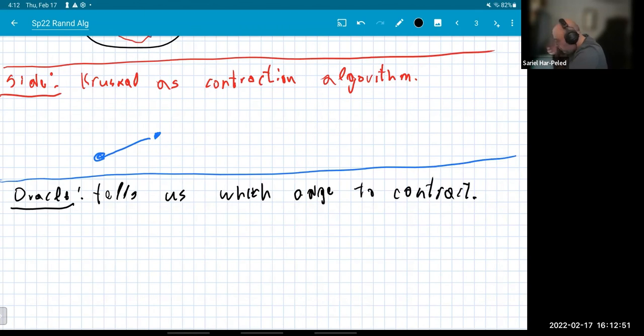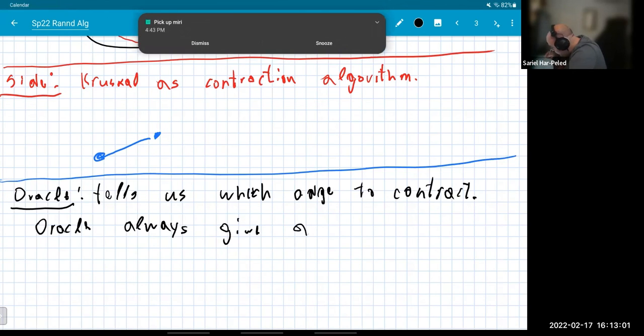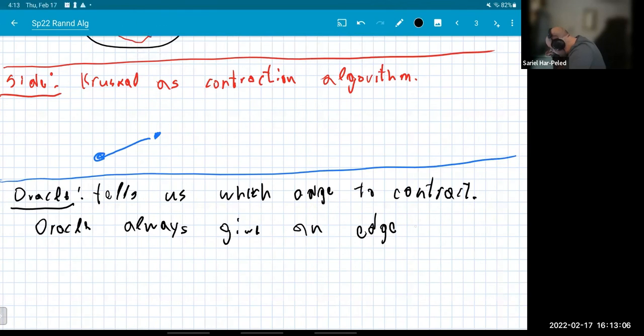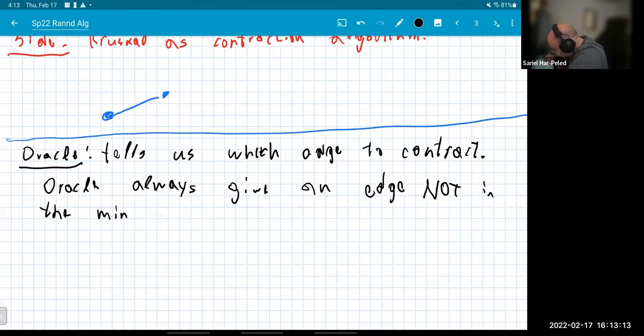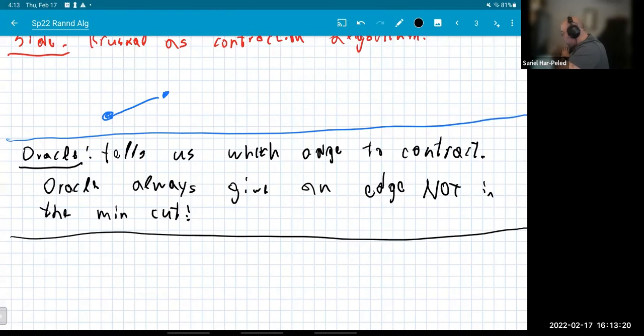In particular, let's assume that we have an oracle that always gives us an edge that is not in the min cut, right?